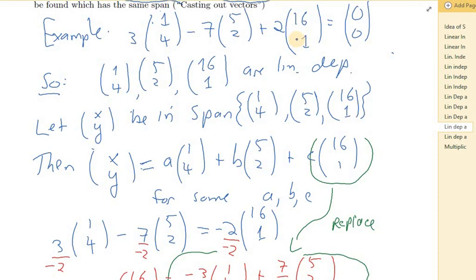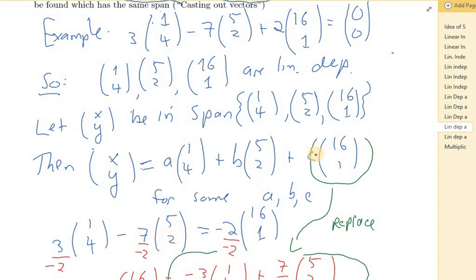Why? Because (16, 1) is in the span. I used my same trick of pulling the (16, 1) to the right-hand side and then dividing by the coefficient. See, that's exactly what I did here. I took this linear dependence relation, pulled the (16, 1) term to the right-hand side, and divided by the coefficient, which is minus 2. And that gives me (16, 1) in the span of (1, 4) and (5, 2).